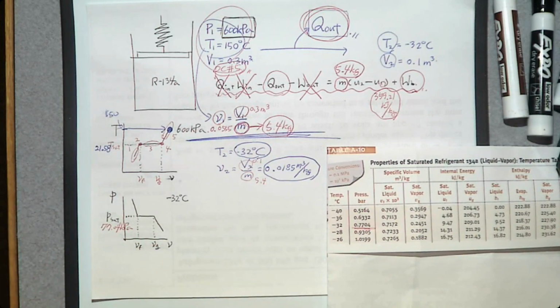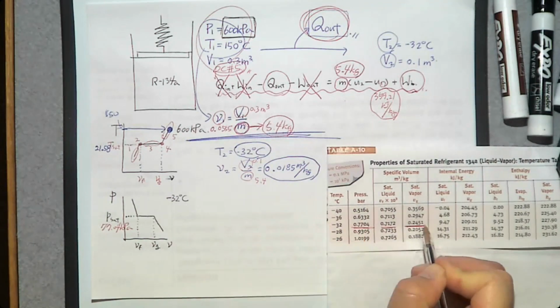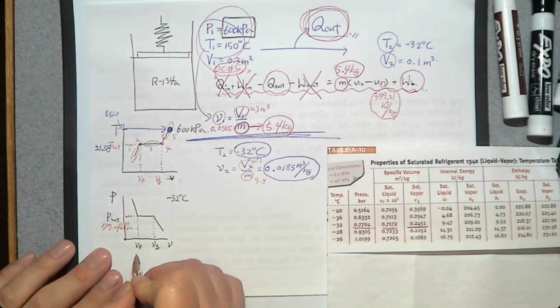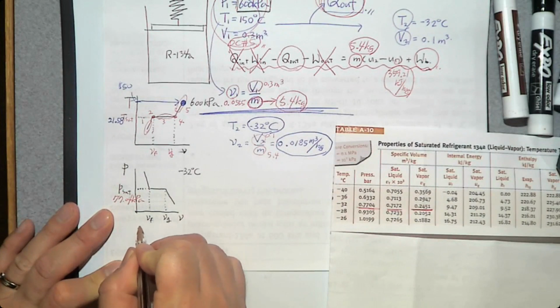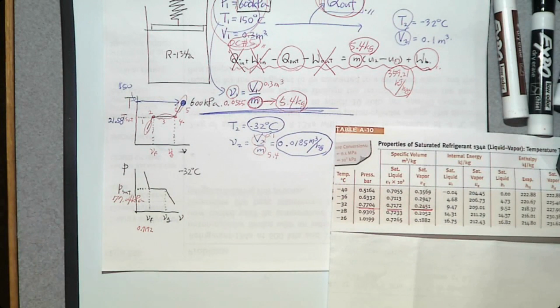What about VF and VG? VF is here, VG is here. VF is 0.7172. Is that right? No, VF is this value divided by 1,000.